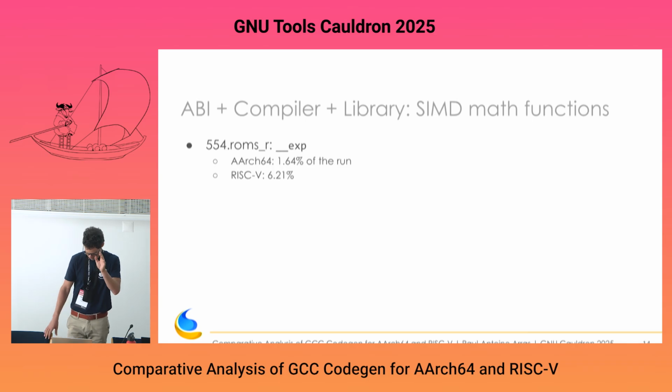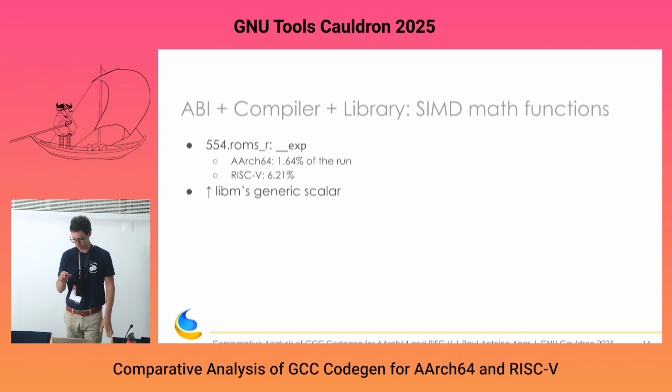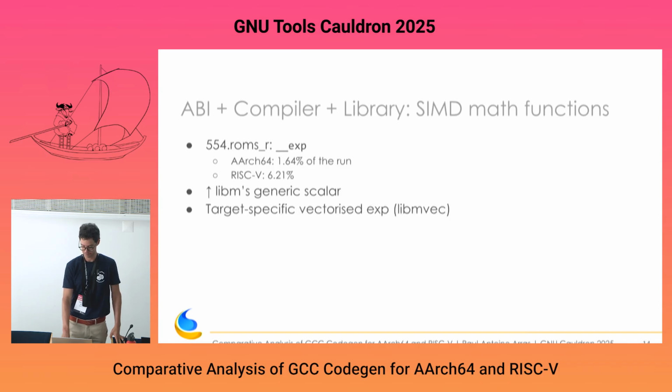On AArch64, it's 1.64% of the whole run. On RISC-V, it's 6.21%. So it's not as huge as 30%, but it's still a significant difference. Underscore exp is the generic scalar implementation of the exp function that you can find in libm, distributed and used everywhere.